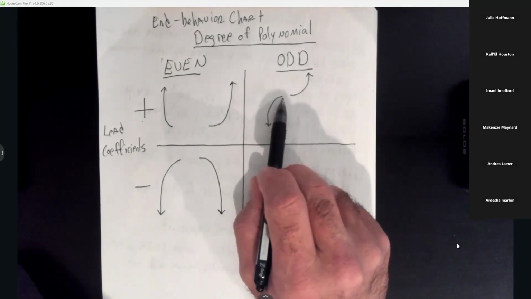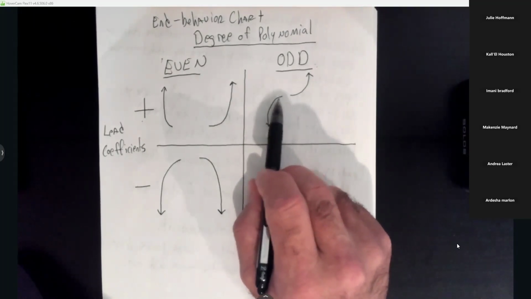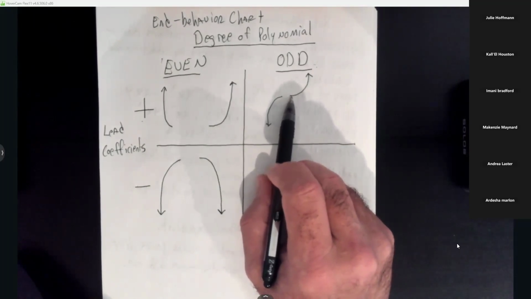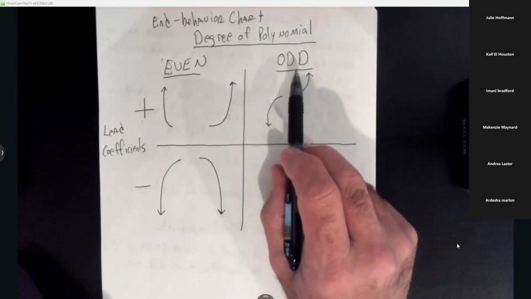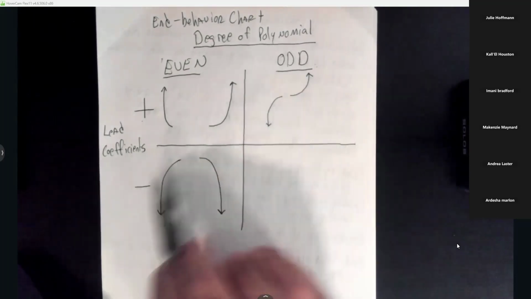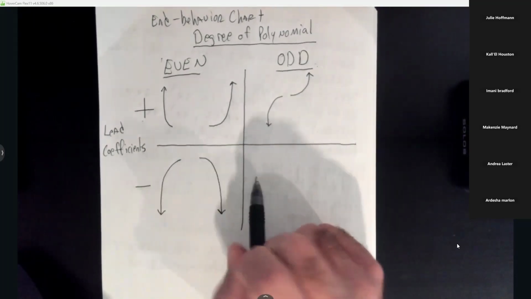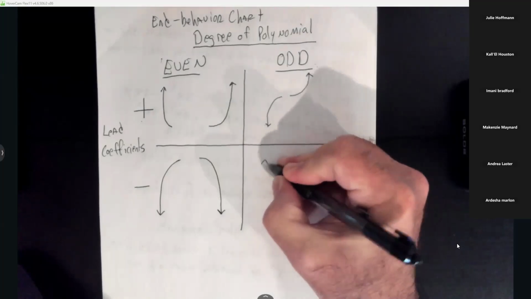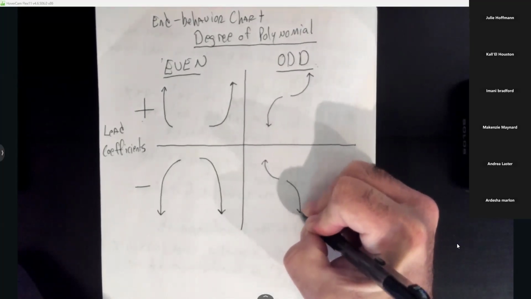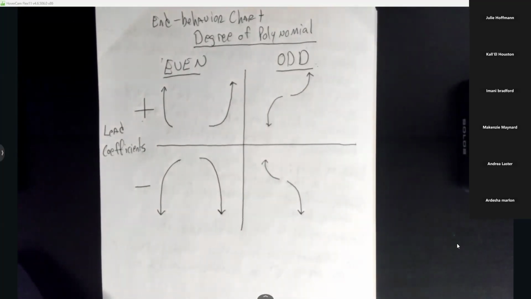Now, like I said, depending on how big the exponents are, determines how many terms might be in here, okay? And then the last case, odd degree, negative lead coefficient. It's going to flip this one over and it's going to go downhill left to right.